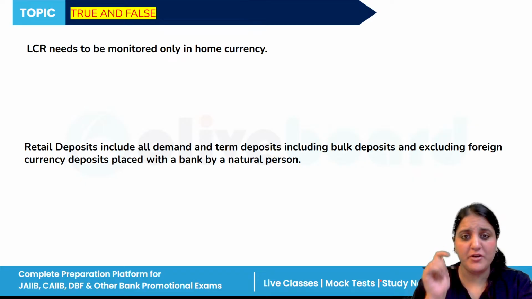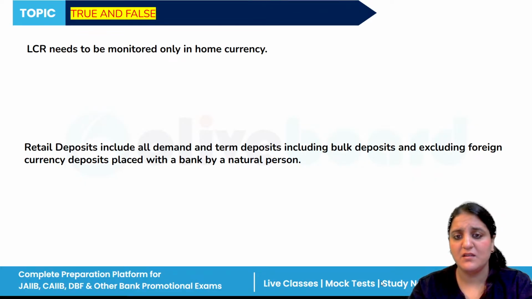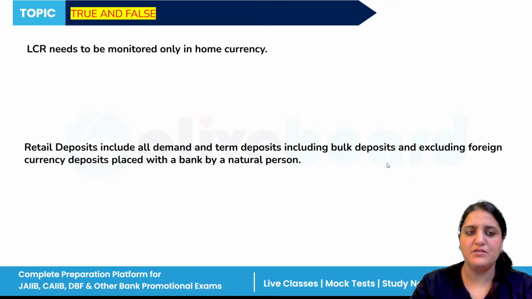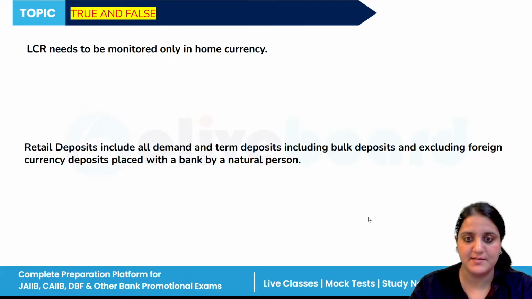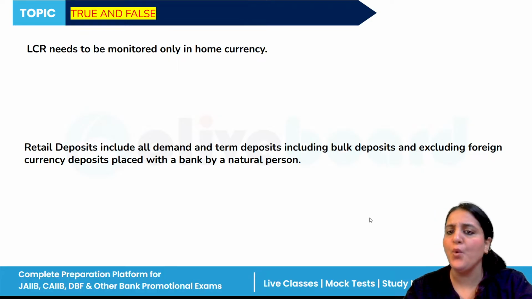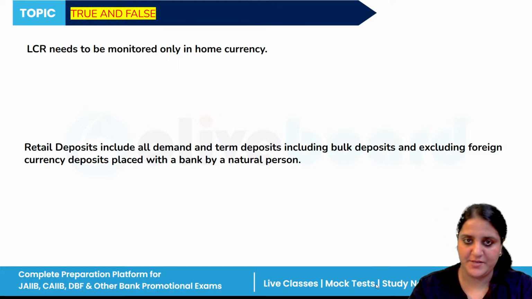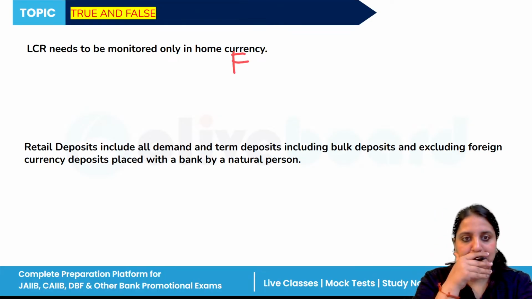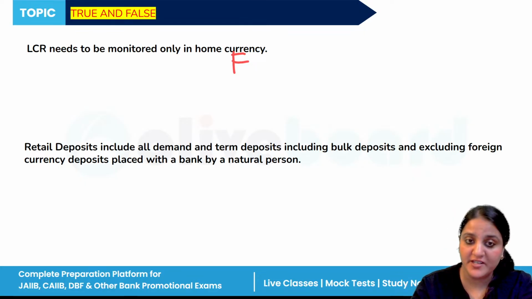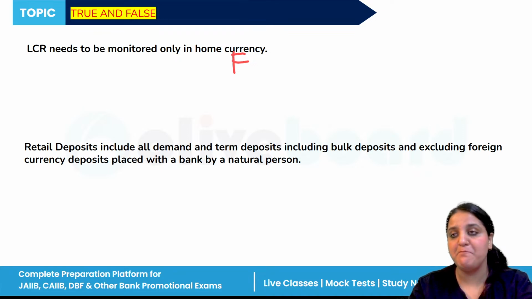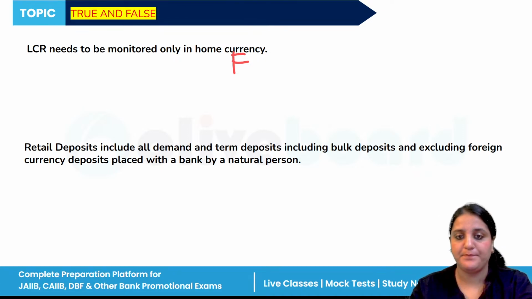LCR needs to be monitored only in home currency? No. LCR should be monitored in all the significant currencies if the bank operates in multiple currencies, and each currency has its own cash flow outflow assumptions. So this is false. Retail deposit includes all demand and term deposit, including bulk deposit, excluding foreign currency deposit, placed with the bank by a natural person.